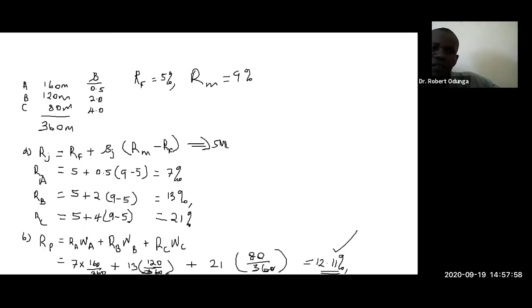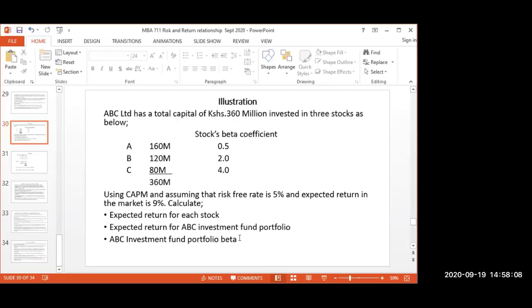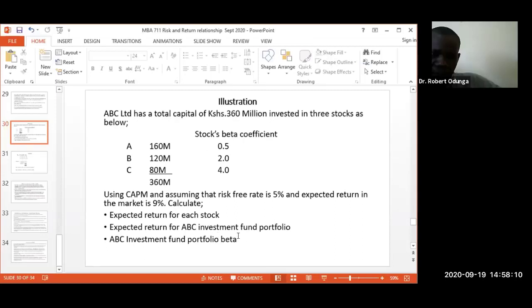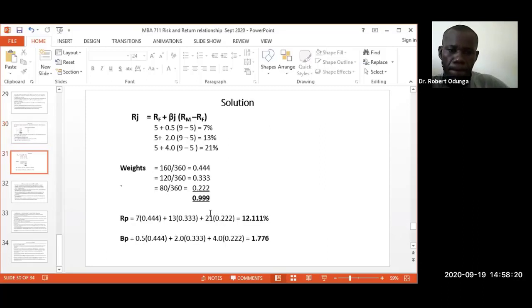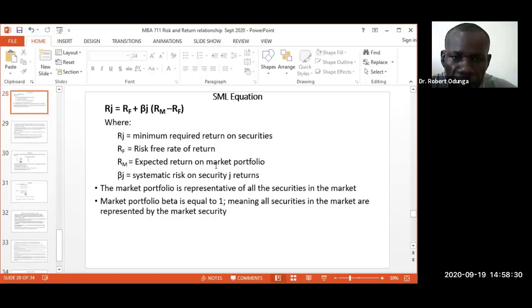Okay, so let's see if we are to determine the risk of the portfolio. ABC investment fund portfolio beta.